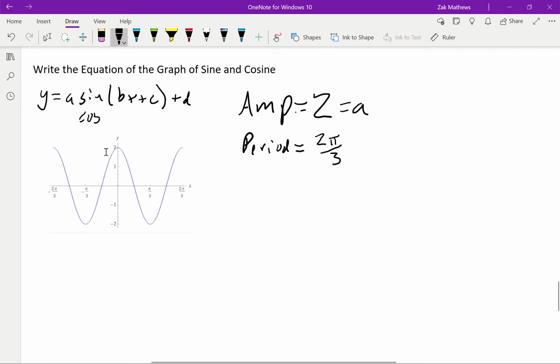Now, did I have to look from max to max? No, I could have looked from min to min. If we look from negative pi over 3 to pi over 3, well, how far is that? Still 2 pi over 3. If I look from 0 to 0, I have to be a little bit more careful. From 0 to 0, I can't just look to the very next 0 because that's not a full wave, right? We've only gone up. We haven't finished the down. So if I'm saying from 0 to 0, I have to make sure that the 0 is trending in the same direction.